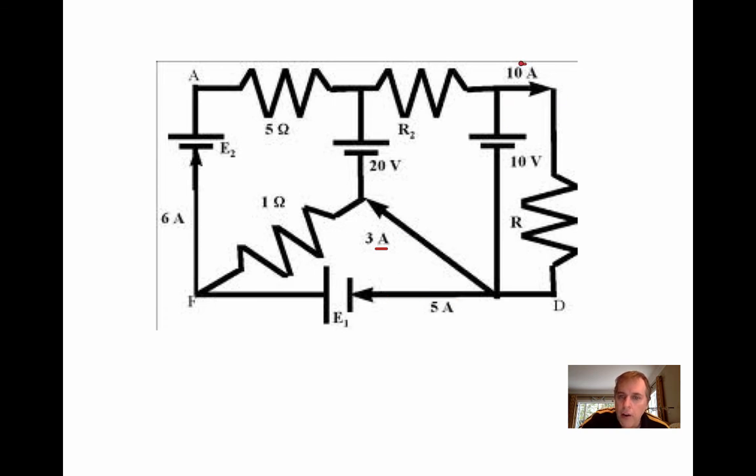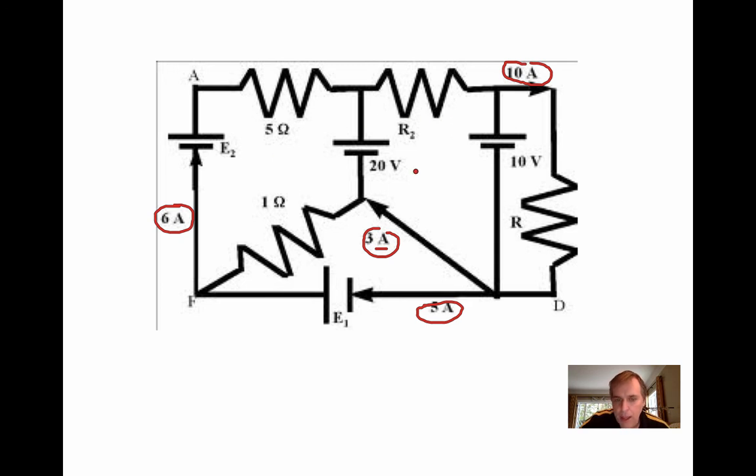So there are 8 different currents in the circuit, but we're given 4 of them. Now we can use the junction rule, the sum of the currents that come in equals the sum of the currents coming out, to find the currents everywhere else in the circuit.